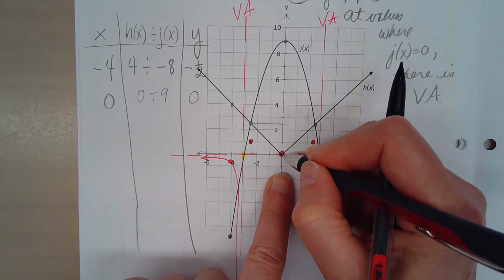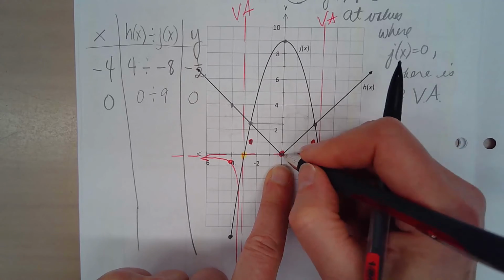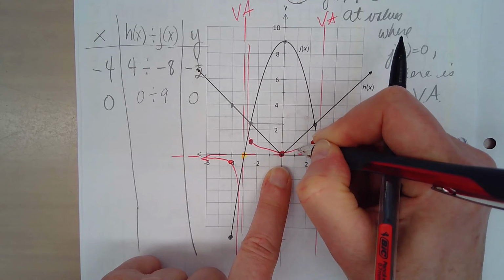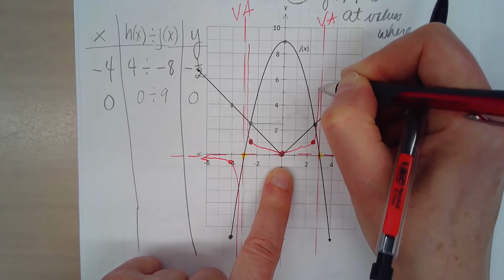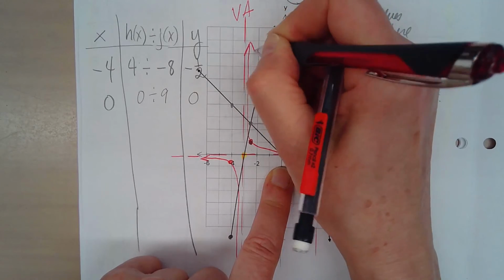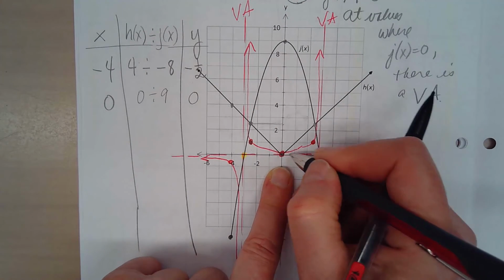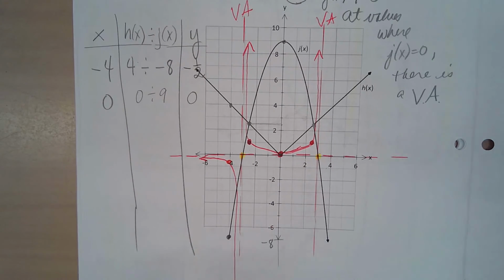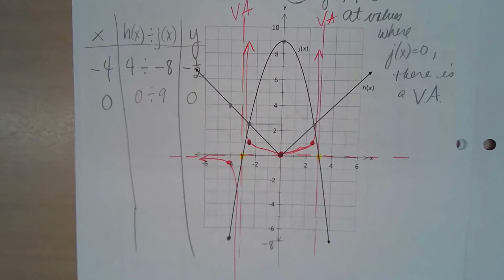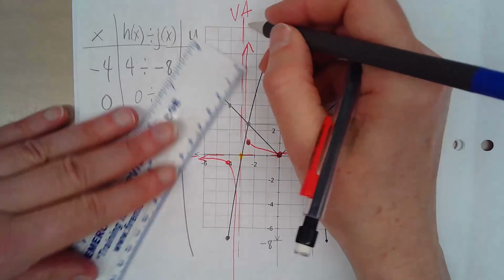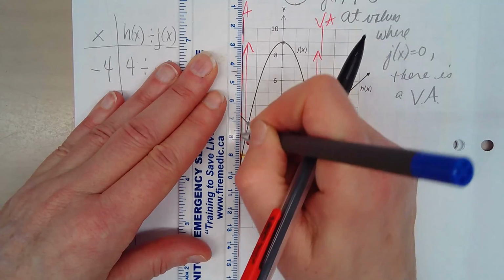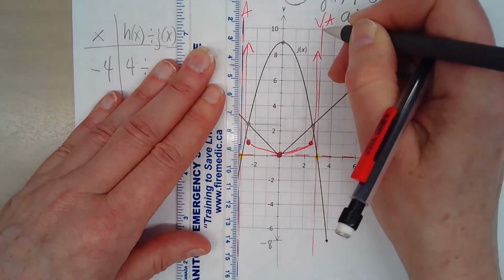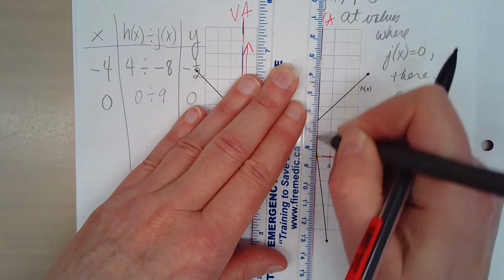And I guess this point, it's allowed to touch a horizontal asymptote. So I guess this graph is going to look like this, right? Graphs can't cross vertical asymptotes, but they can touch horizontals. So I guess this graph looks here. Should have done my vertical asymptotes in a different color. Okay, one more section.